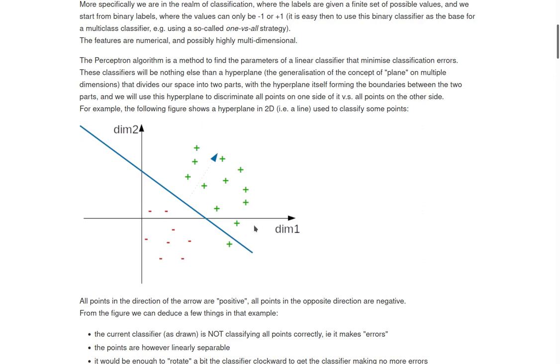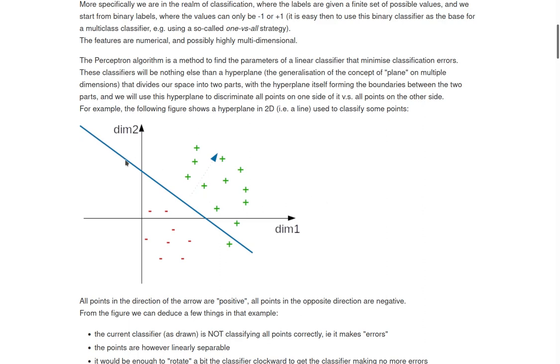This hyperplane is nothing else than a plane in n generic dimensions. If we take two dimensions, as here, the hyperplane is a line. You can think that in 3 dimensions it's a real plane, as you are normally used to. If you are in 4 dimensions, the hyperplane always has n-1 dimensions.